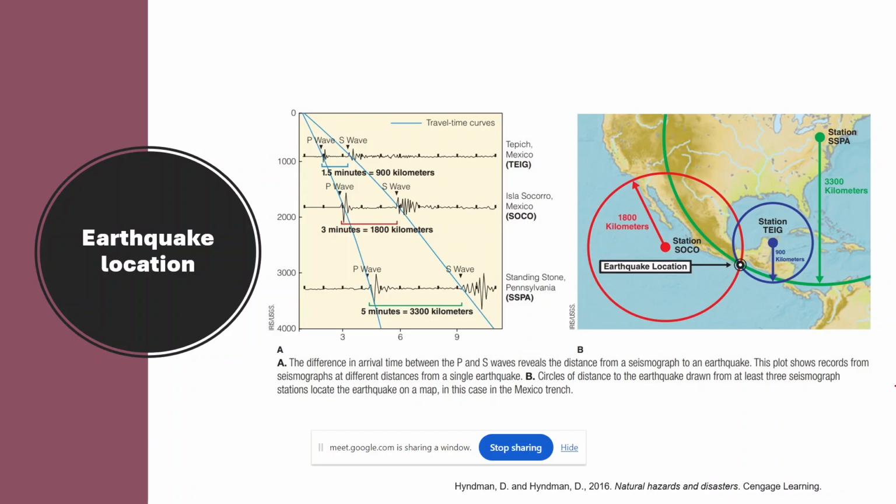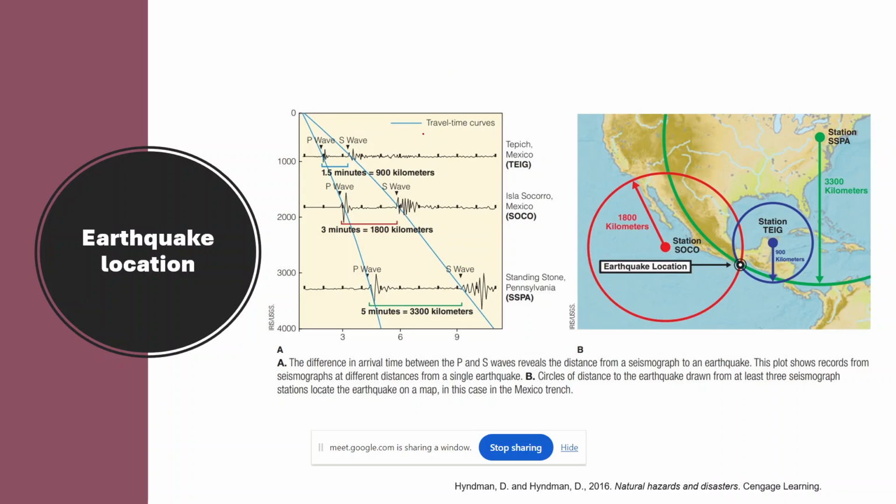since TEIG is pretty close to this epicenter, I will tell you how this is calculated, but if you look at this image, since TEIG is very close to that, the P and S wave interval is quite less, because as soon as the P wave came, within no time the S wave also arrived.